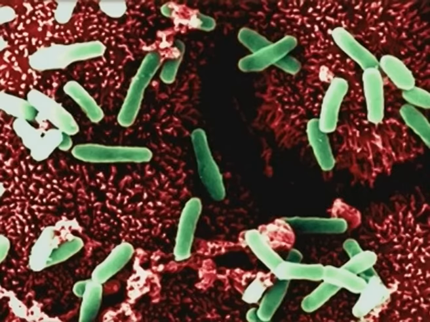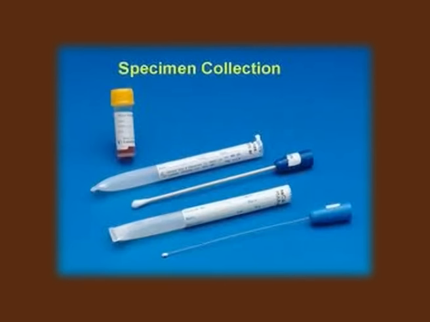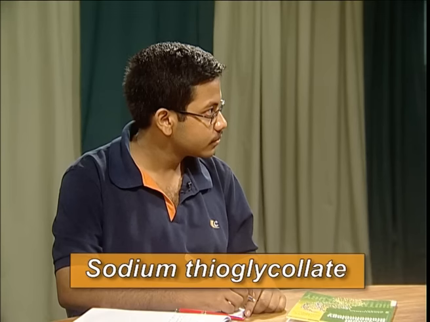So these are transferred in a medium which prevents drying or desiccation of the pathogenic bacterium, and prevents contamination of the pathogen with other kinds of microorganisms. The commonly used transport media are sodium thioglycolate broth for anaerobic bacteria and Stuart's medium for clinical specimens being transported to the lab.